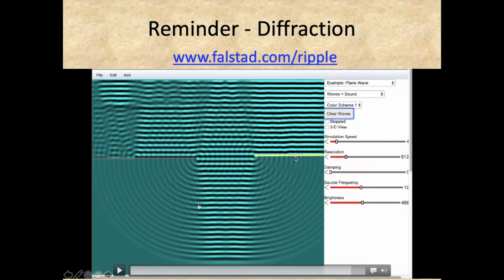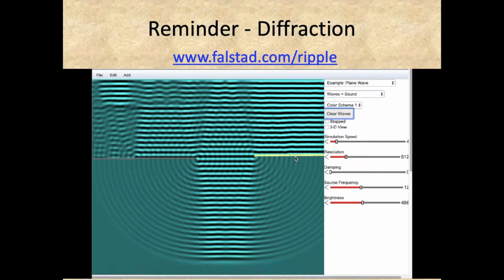So when the gap is even bigger, you can see that this central bright region is almost straight. The gap is now too big compared to the wavelength. This is a similar case of not being able to observe diffraction of light around a large door, for example. That doesn't mean light is not diffracting. It is. All waves have these properties, but the diffraction effects are too small to be observed.